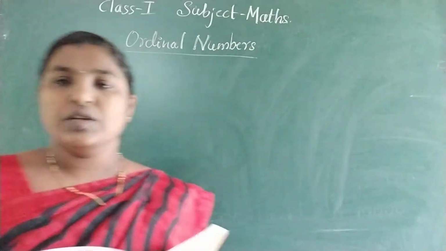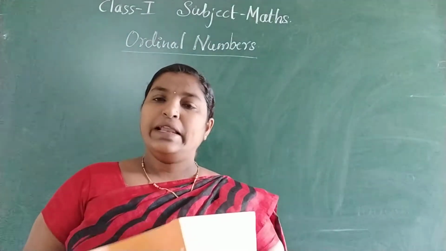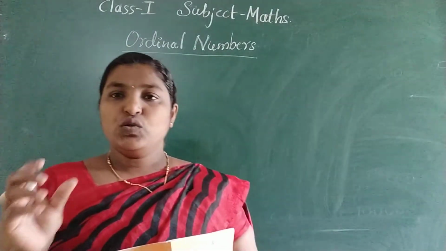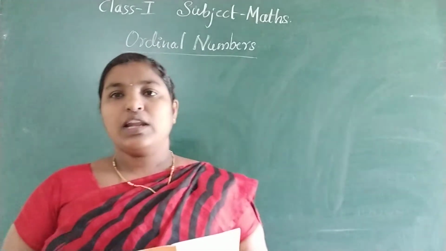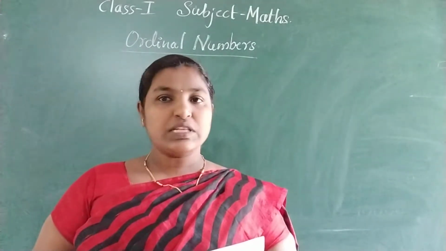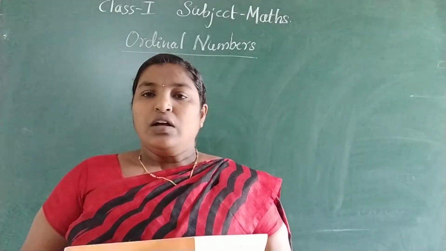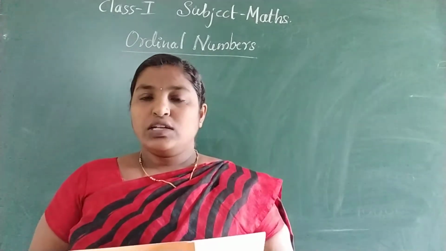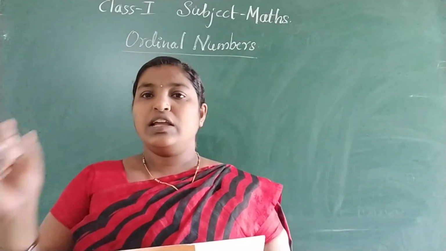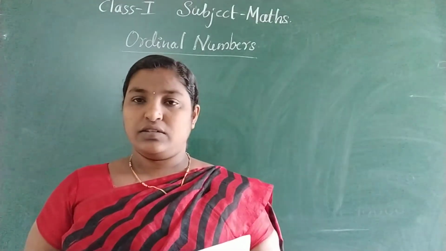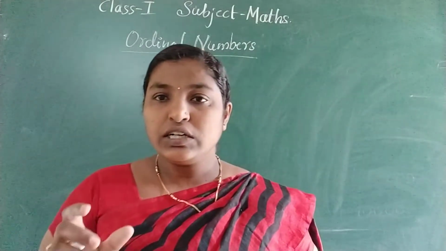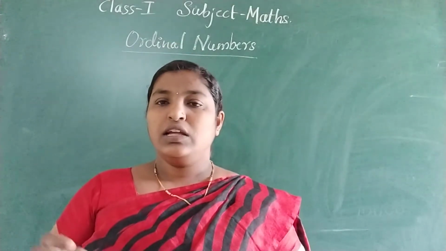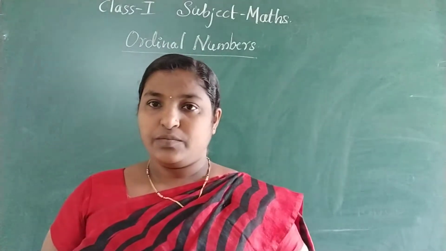Ordinal numbers. In our daily life, we will use some words instead of the numbers. What are those? Some examples I will tell you. Kavana has got first rank in her 3rd standard. Suresh got 3rd rank in 5th standard.